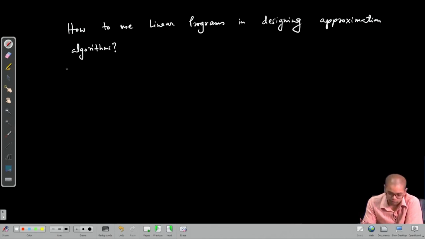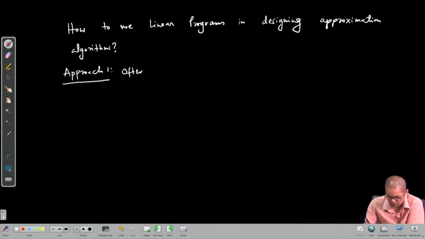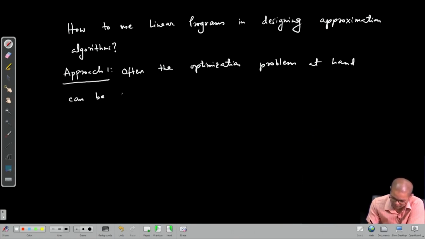There are two broad approaches. Approach 1: often the optimization problem at hand can be written as an equivalent integer linear program.